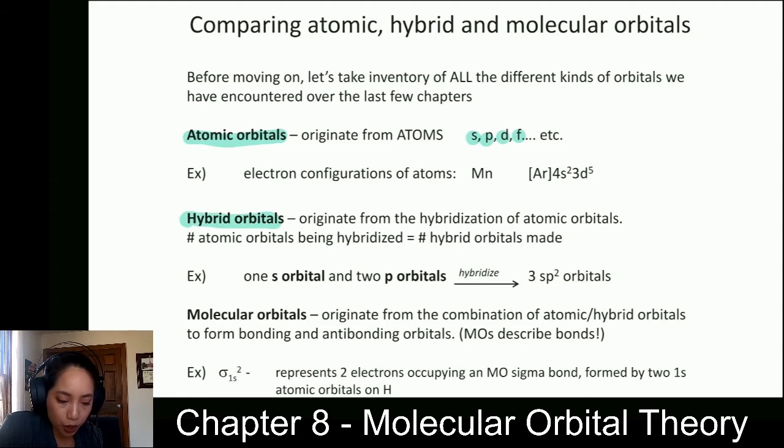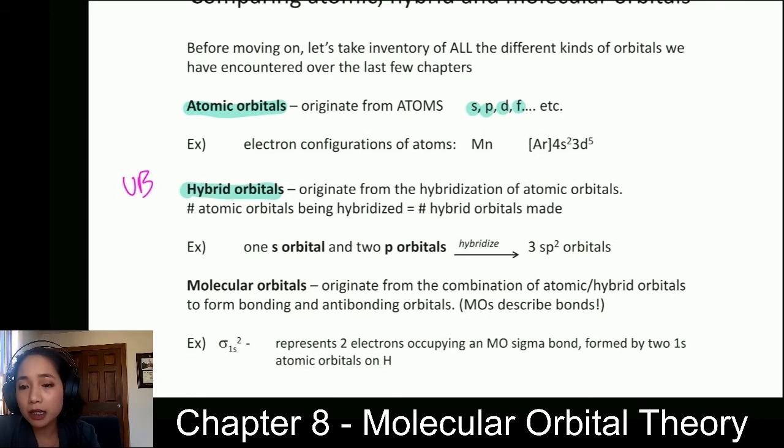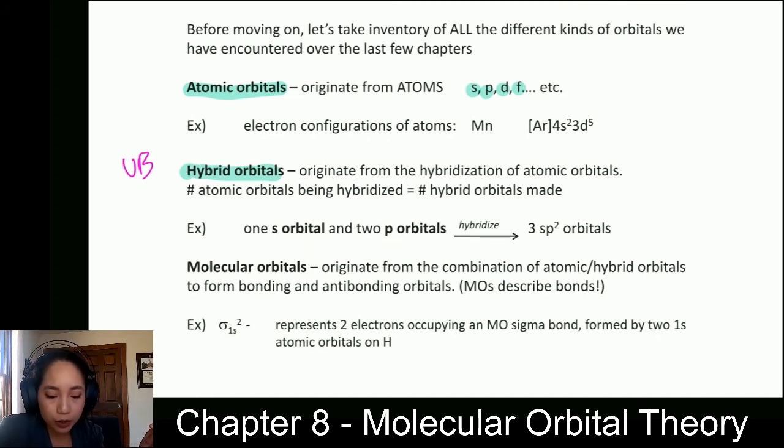Hybrid orbitals, which we talked about in valence bond theory, originate from combining atomic orbitals. When we combine atomic orbitals to make those new shapes we need, like tetrahedral, trigonal pyramid, all those things, we get the same number of hybrid orbitals out.